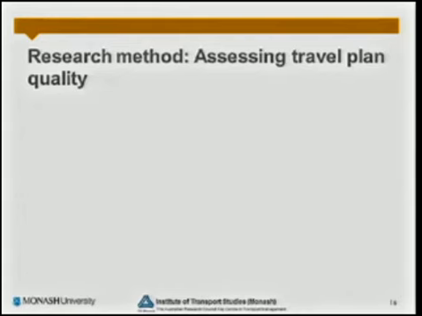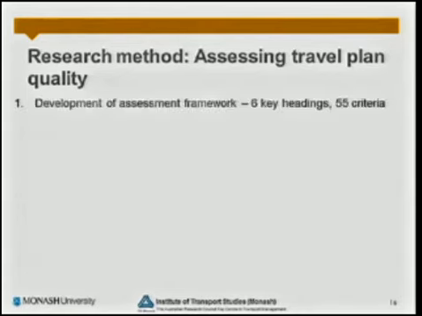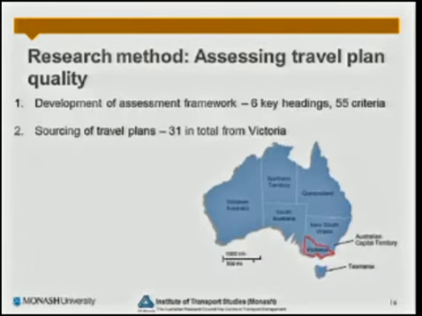So the first part of the research was assessing travel plan quality. And we did this by developing a framework that was based in the literature on what are the features of travel plans that might be associated with higher quality. We had 6 key areas and 55 criteria that were scored or assessed for each of the travel plans.